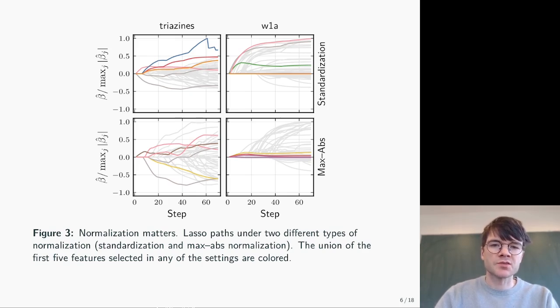In these plots, we've colored the first 5 coefficients to have entered the model under each of these types of normalization, which means that if the colors are different, then the two normalization schemes yield at least partially different models. What we can see here is that both the coefficient paths and which features are selected differ starkly between the two normalization schemes.